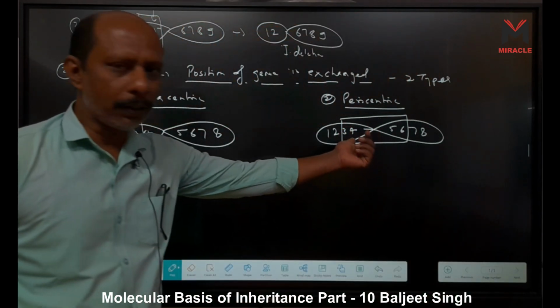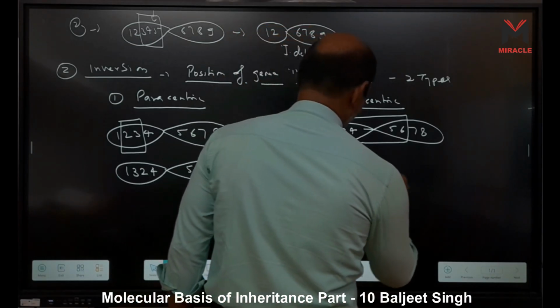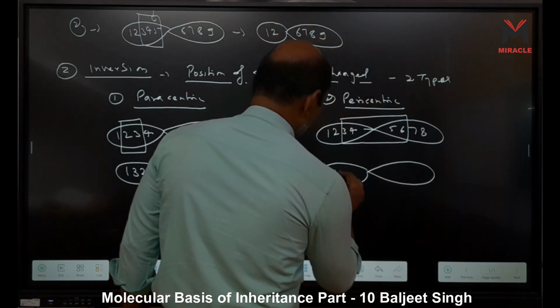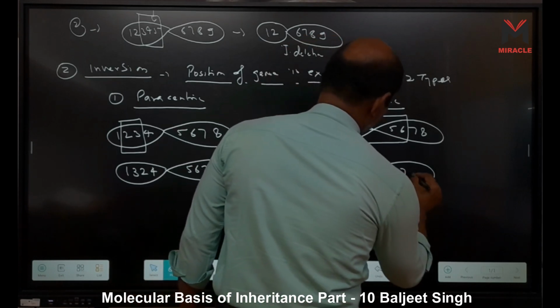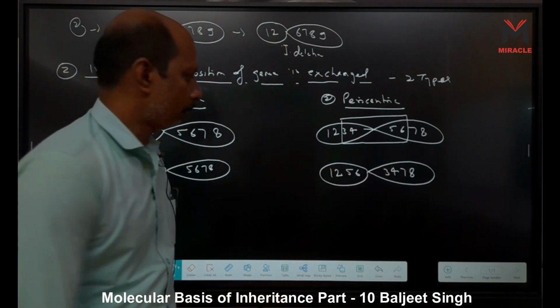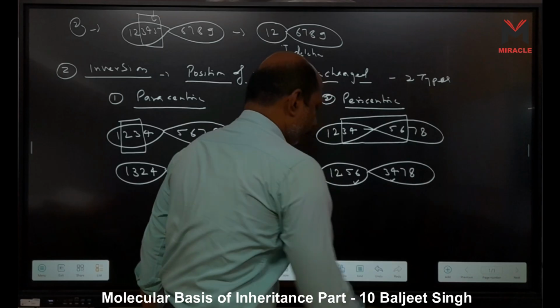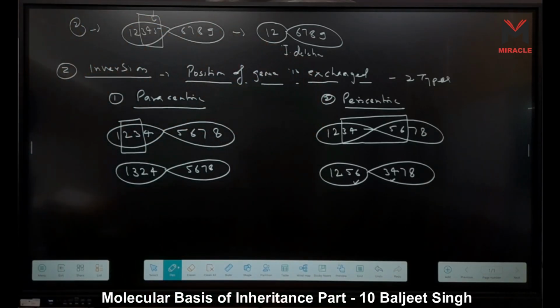Change means exchange between two different arms. The new formed chromosome is 1, 2, 5, 6, 3, 4, 7, 8. Look here, these are changed. This and this, exchange. This one is called pericentric, right?